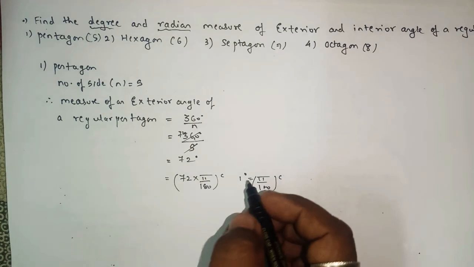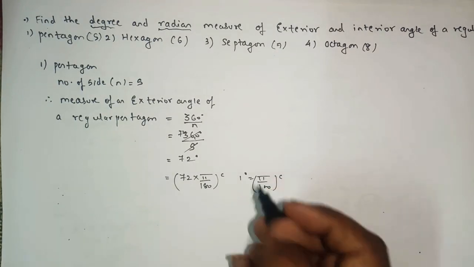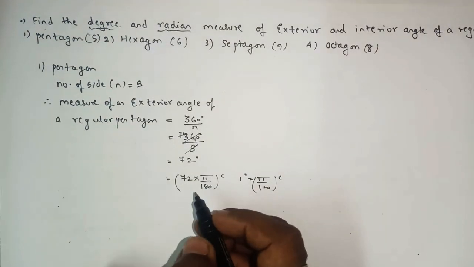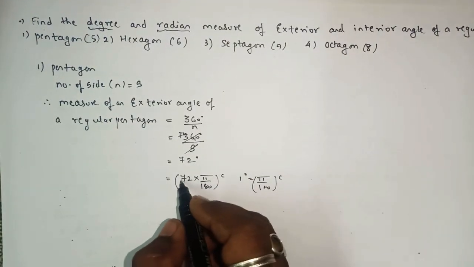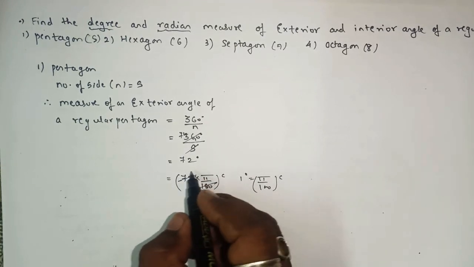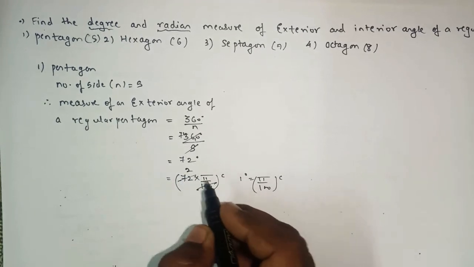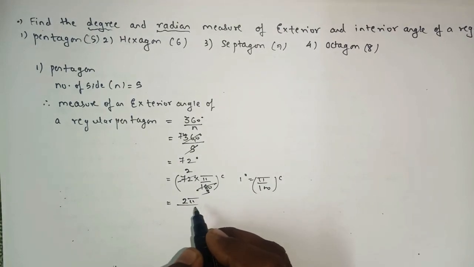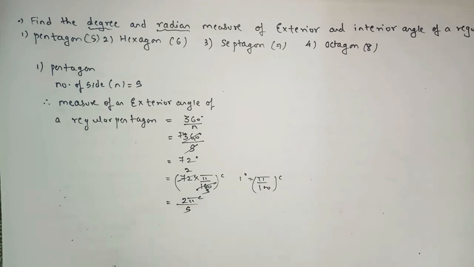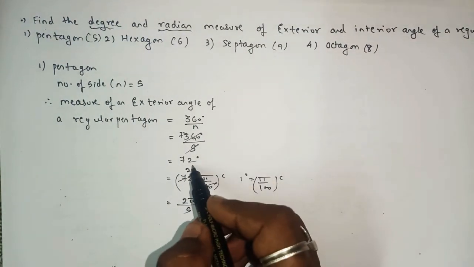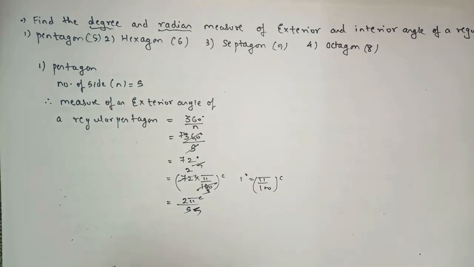Understood? Here we can cancel, as both numbers go in 36. 36 twos are 72, 36 fives are 180, so you will be left with 2 pi by 5 radian. So here we got the measure of the exterior angle in degree as well as in radian.